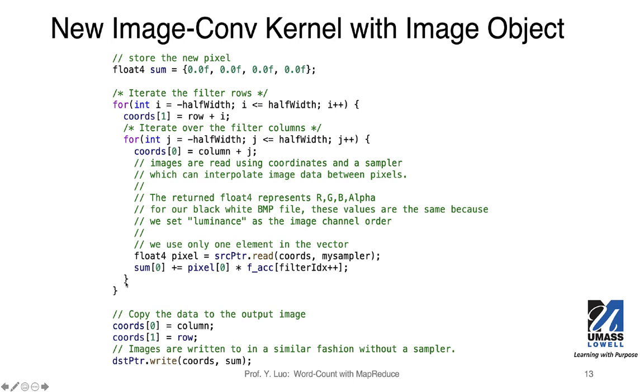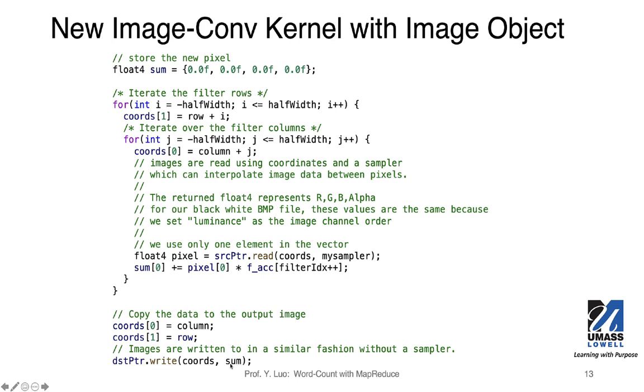So once the filter is applied to the pixel and its surrounding pixels, we can then write the new pixel value back to the image. We'll use this column and row which we had used to specify the current pixel in the original image, and we put that into the coordinates, and then likewise we use a write function specific to this accessor to the image object.